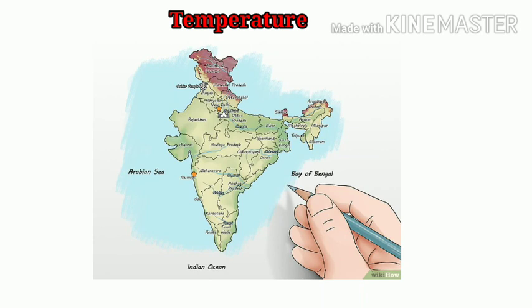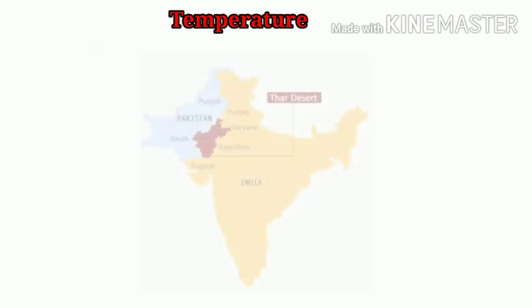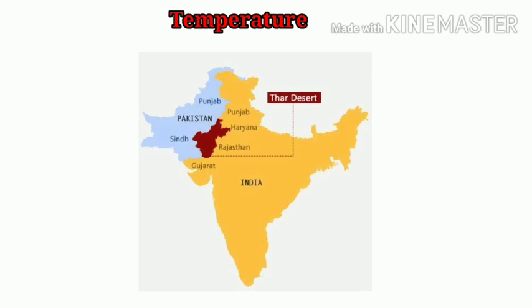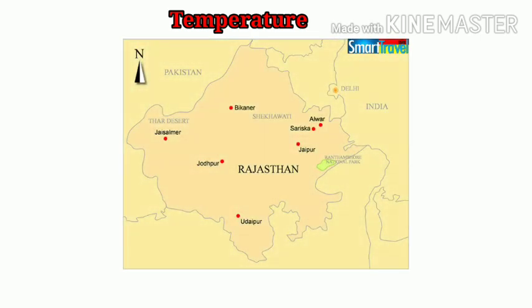And in many areas, we find variations between day and night temperatures also. Here we are talking about Rajasthan. In Rajasthan, in the daytime the temperature rises up to 50 degrees Celsius, but at night it drops to about 15 degrees Celsius.